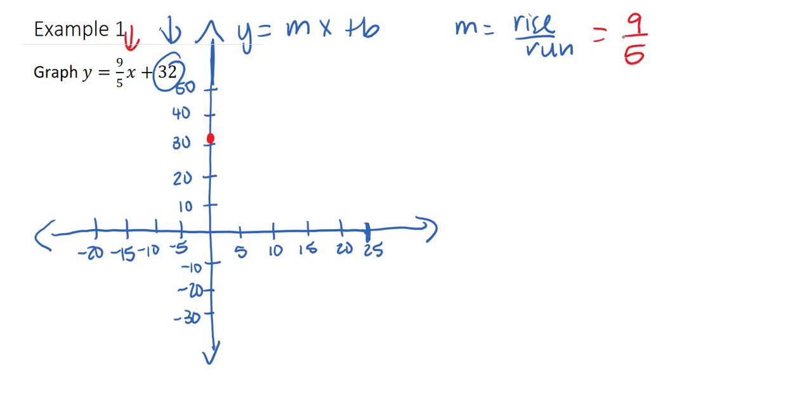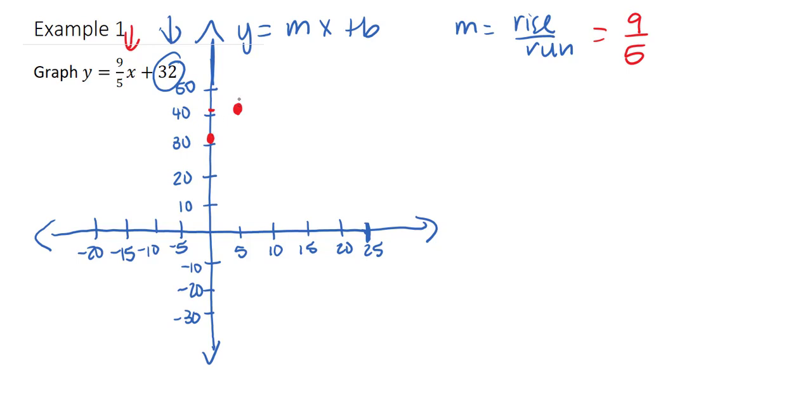This is positive, so we have a positive slope. We go up a rise of 9. 32 plus 9 would be 41, so we're really close to right here. Then we go over 5, which will be right there. So those are 2 points, and then we can draw a line.